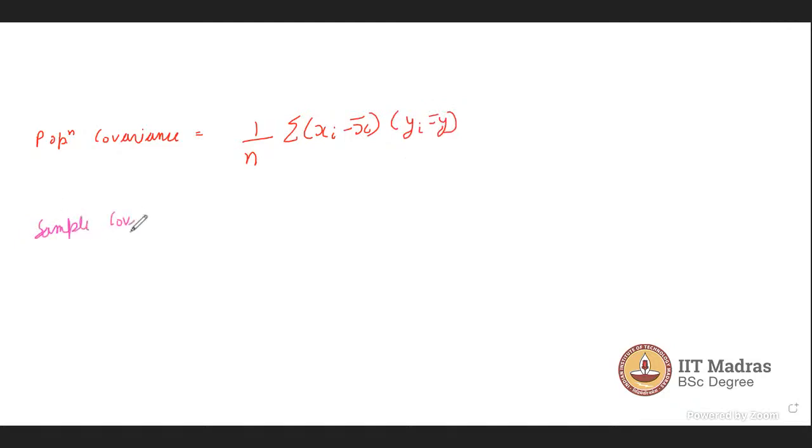So for covariance we again have two things: population covariance, which is 1/n times the summation of the product of deviations of x and y from their respective means. And for sample, it's n-1.